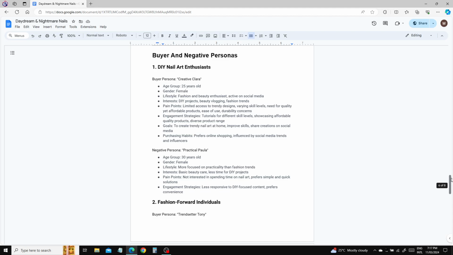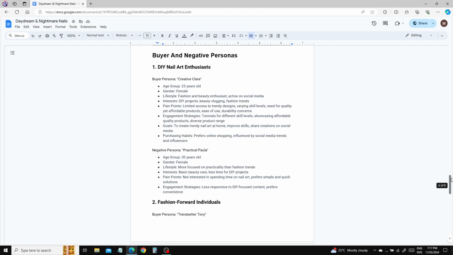You will also want the negative persona. The negative persona is the exact opposite of your buyer persona. It's the people that you do not want anything to do with your brand. Going back to the whole 48-year-old fat man here on the dresses, if you're selling women's clothing, evening gowns, you do not want me to see your ad because it is a waste of your time.